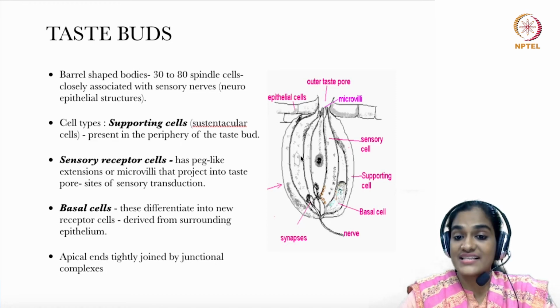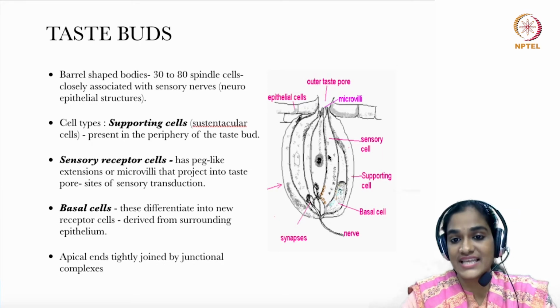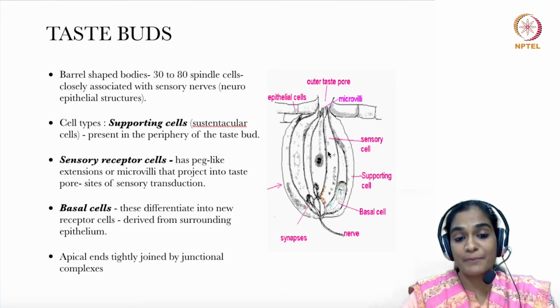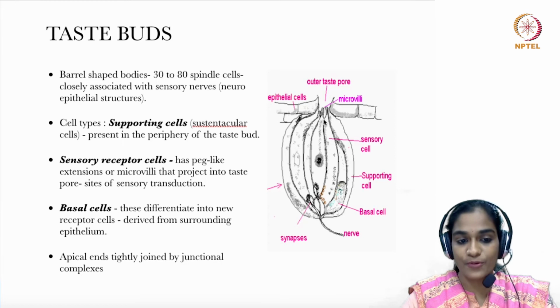Thus, there are taste cells. These taste cells can be supporting cells, which are found in the periphery of the taste bud, and some of them are the sensory cells, which are the cells of taste transduction. These sensory cells extend their small projections, also called microvilli, into the taste pore.